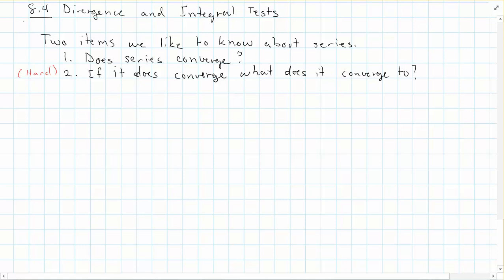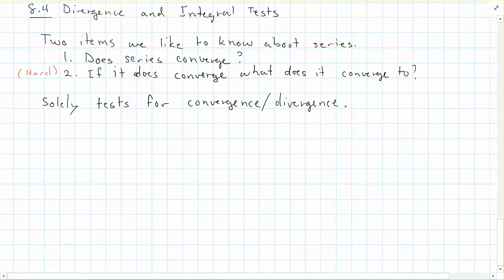We only get to determine whether it converges or diverges. So these are solely tests for convergence or divergence. That's all they can be used for.